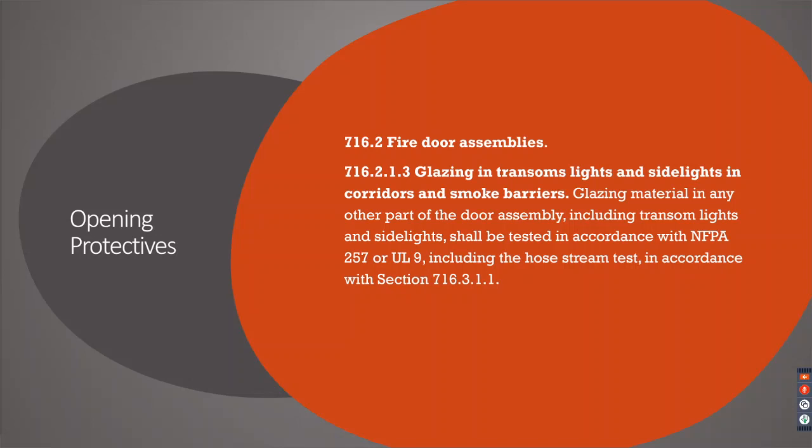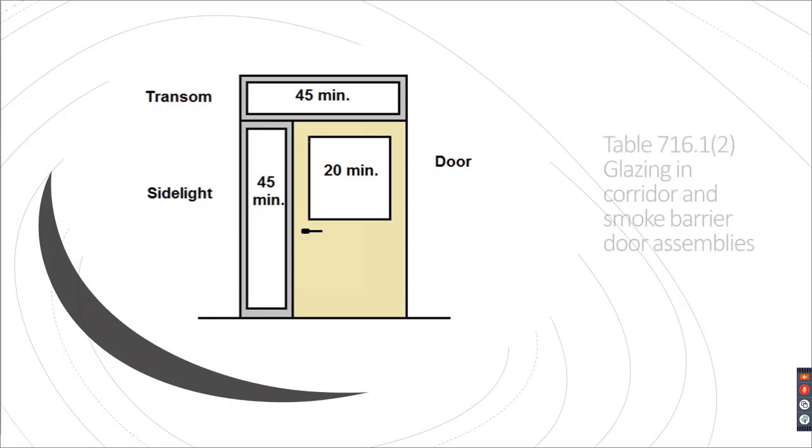Then the glazing material in any other part of the door assembly, including transom lights and side lights, shall be tested in accordance with NFPA 257 or UL 9, including the hose stream test in accordance with 716.3.1.1. So when you have these types of doors in your corridors or smoke barriers, they also have to have the hose stream test included with their tests.